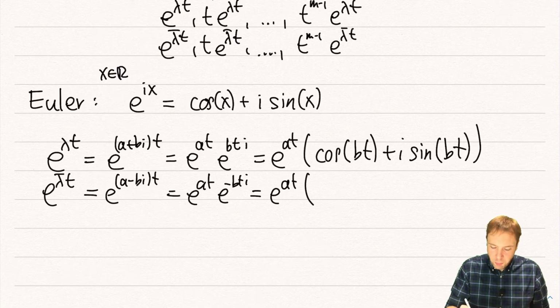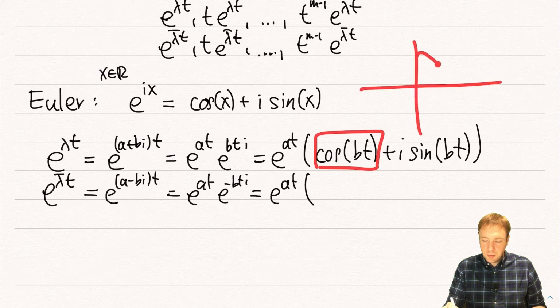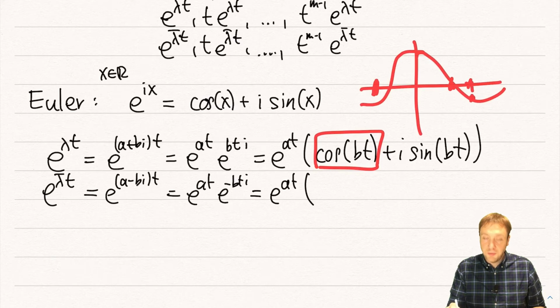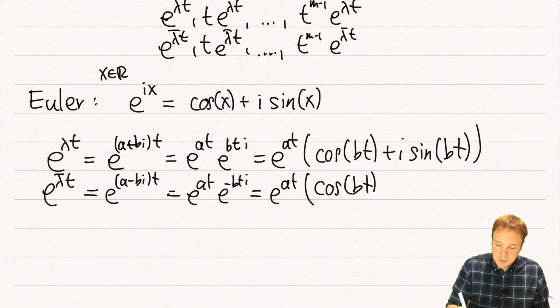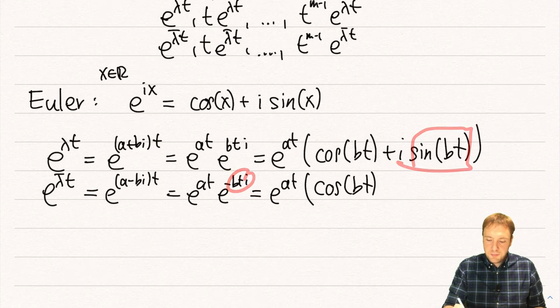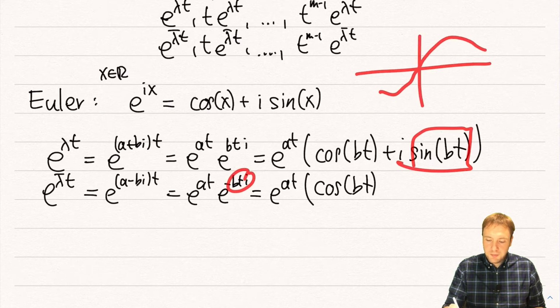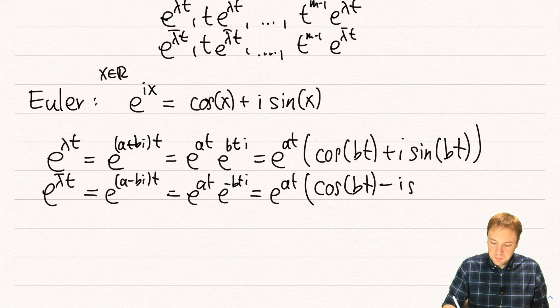So now here we would have the cosine of minus bt, but the cosine of minus x is the same as the cosine of x, because it's an even function. So therefore the cosine of minus bt is the same as the cosine of bt. And now here we would have the sine of minus bt, but the sine is an odd function, meaning that the value at x is the negative value at minus x. Therefore, if we plug in minus bt, we get minus i sine of bt.